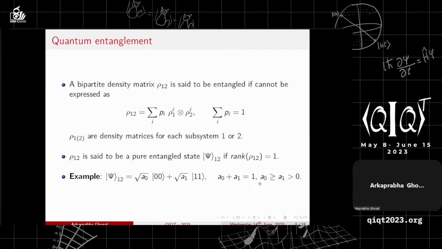Okay, so in an information processing task, people may ask whether entanglement is always necessary or not. For example, in quantum teleportation, quantum dense coding, or entanglement swapping, entanglement is actually necessary. We cannot gain any advantage using separable states.